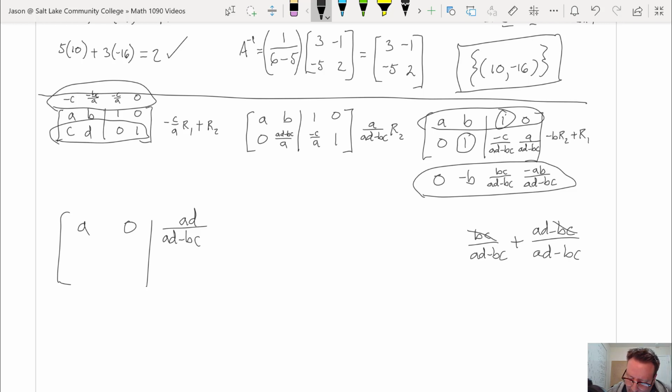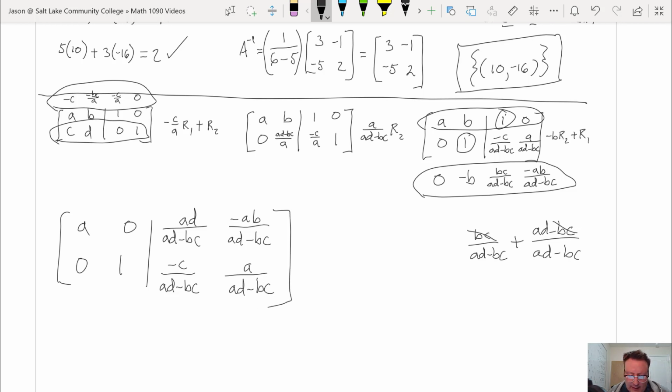And then this negative AB over AD minus BC added to 0 gives me just negative AB over AD minus BC. The bottom row stays the same: 0, 1, negative C over AD minus BC, and finally A over AD minus BC.